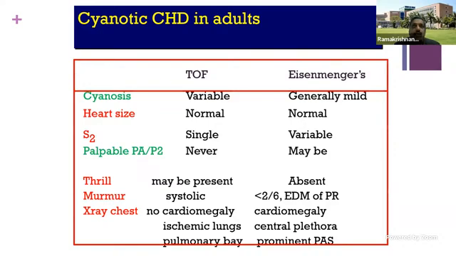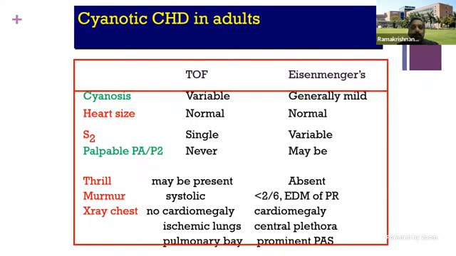This is something that you have to remember, because oftentimes clinical findings can be overlapping between the two, and examiners don't like you keeping a differential diagnosis of both. You can't keep a differential diagnosis of tetralogy and Eisenmenger in the same patient after your auscultation and examination. But remember that the most important thing is the onset, the course and the degree of cyanosis.